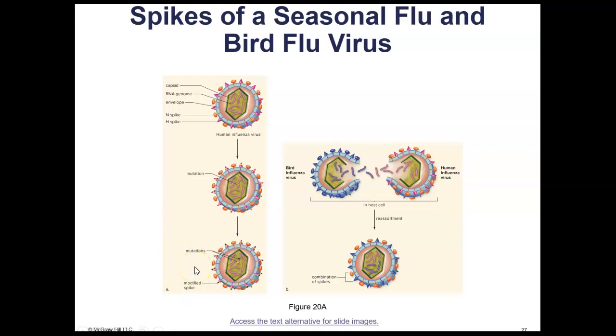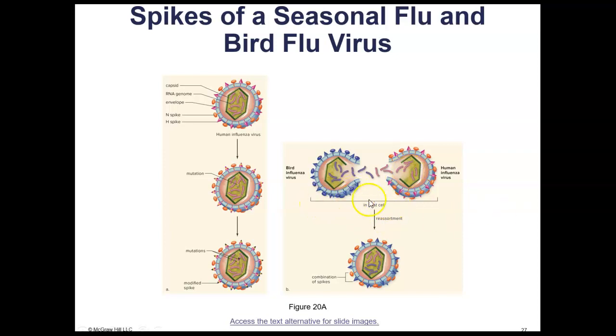And when it mutates, that's the reason why we have to have a vaccine every single season, because it mutates so fast that the next season, the spike is different. So we have to have a different vaccine to account for that new spike. Okay. And those spikes, remember, are glycoproteins, which are proteins with carbohydrate chains attached to them.